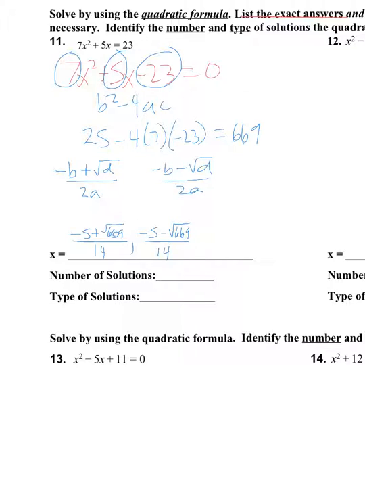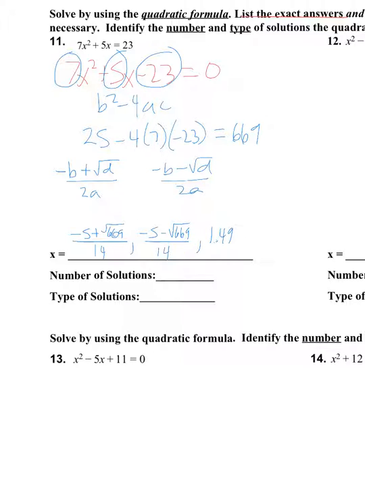Okay. And then I'm going to go ahead and get those two decimals. What I like to do in the calculator, and it's hard to show the calculator while I'm doing this, is hit negative 5 plus square root 669, then enter, and then divide by 14. I'm going to round to the nearest hundredth, so that's going to be 1.49 for that.